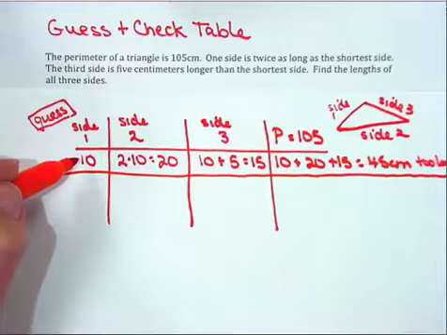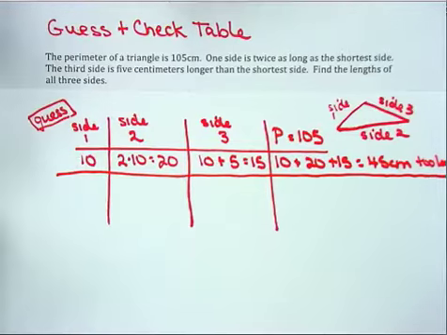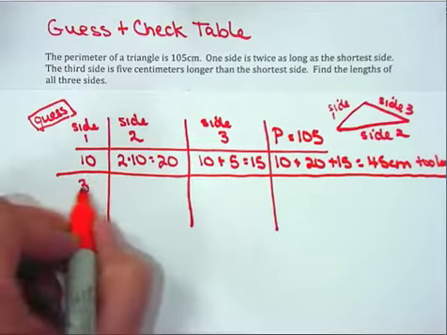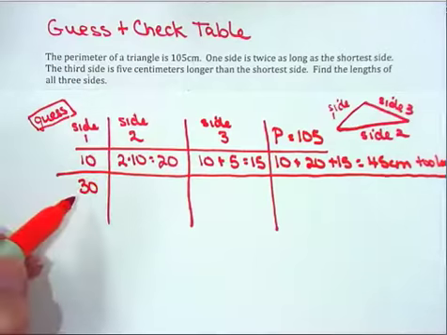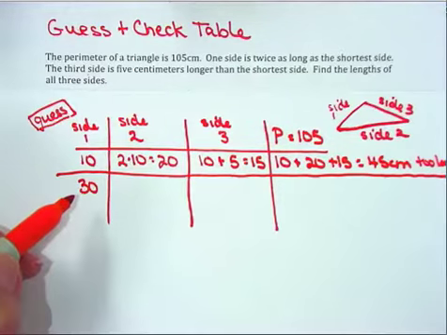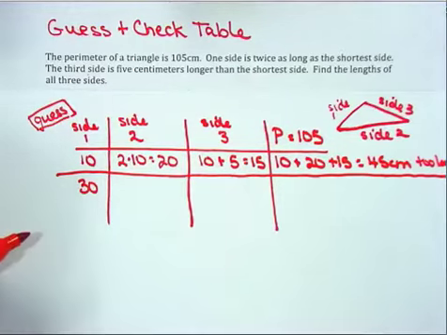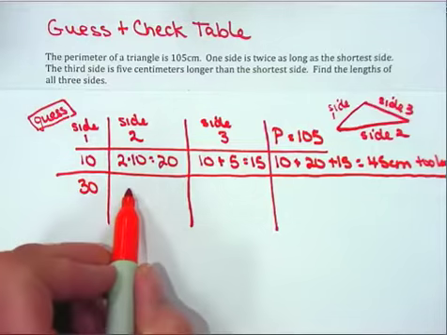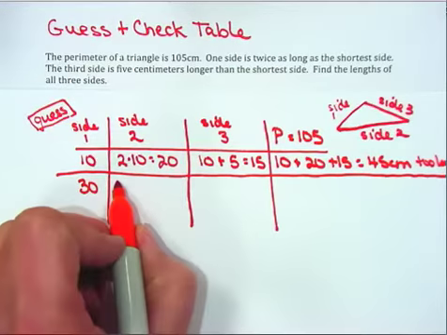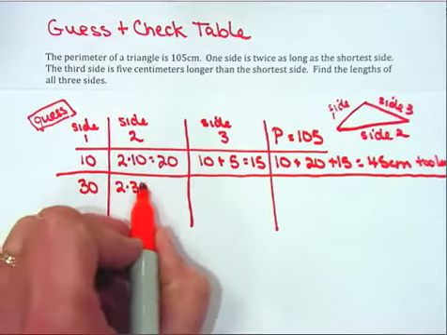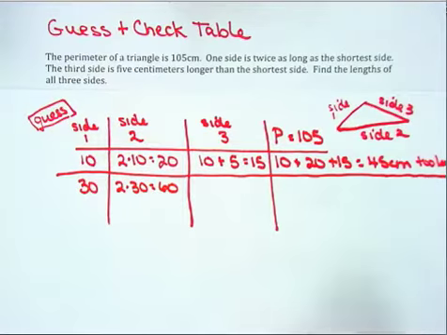If 10 is too low, I'm going to try a much bigger number. I'm going to try 30. Now, once we've guessed 30, we need to check and see if it works. The length of side 2, remember, was twice as long, so 2 times our guess of 30 equals 60 centimeters.